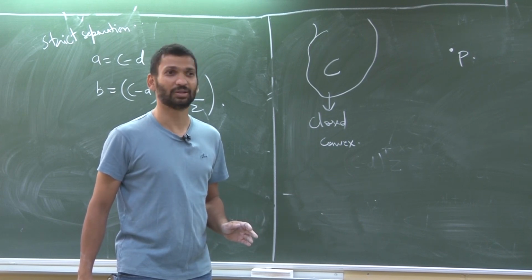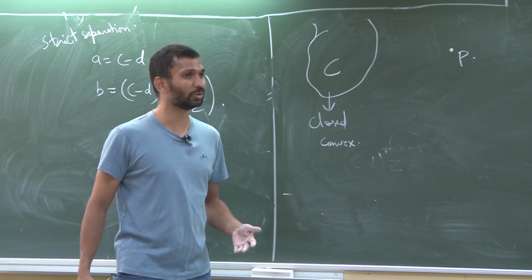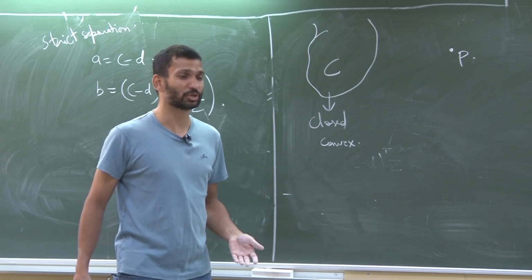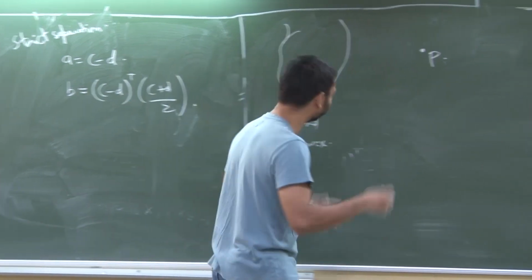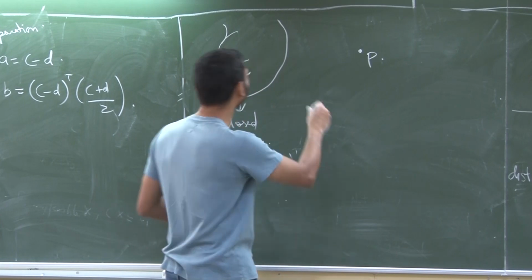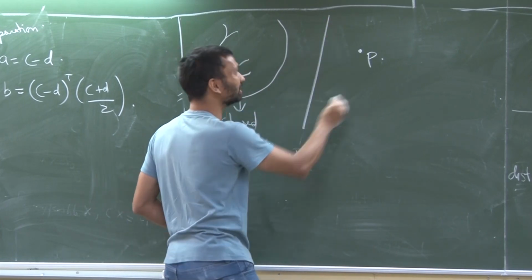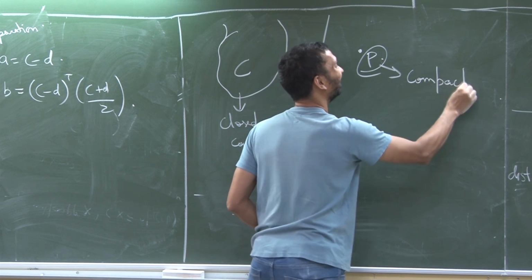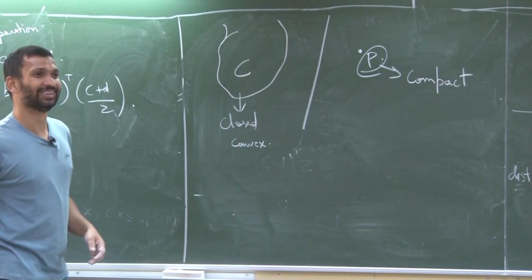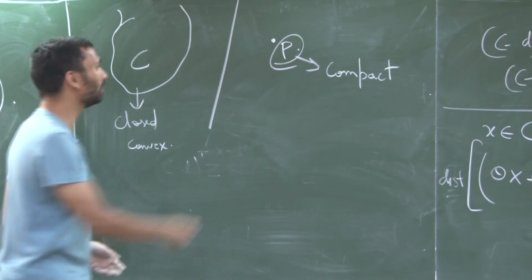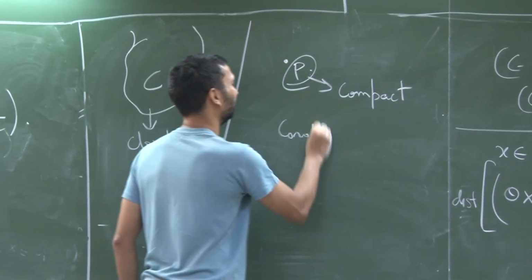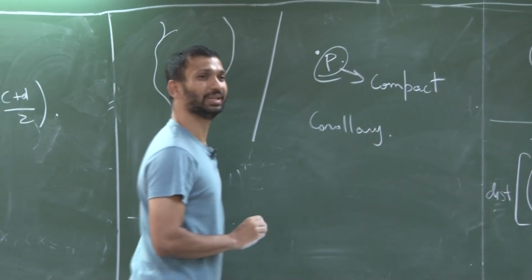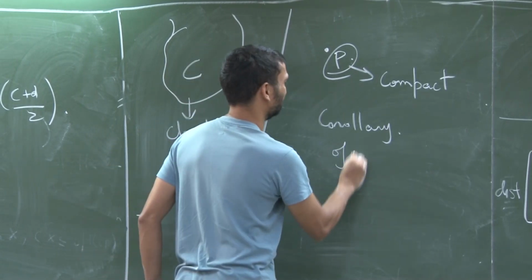How many for middle? Okay, and we always know majority is always right. This time it is. There will be a strict separation because this is compact. This is a simple corollary of the previous theorem.